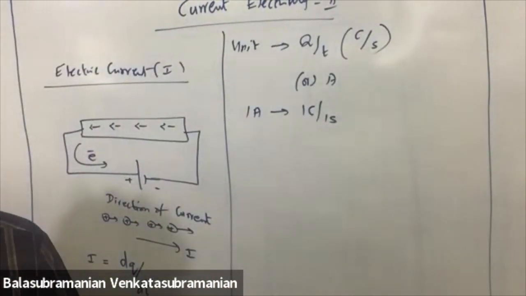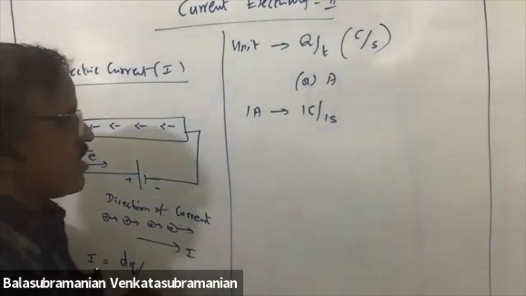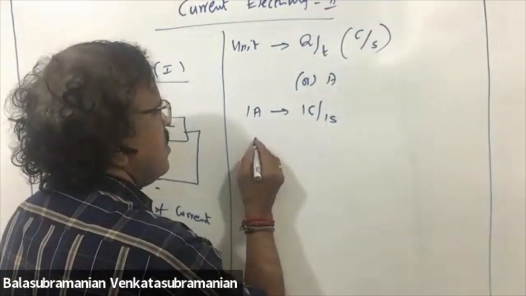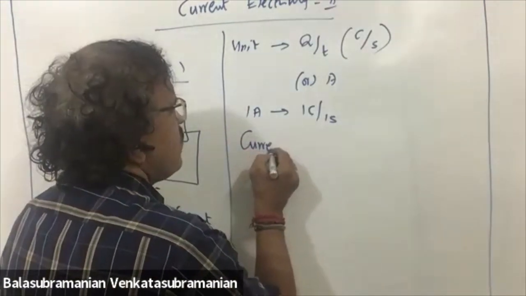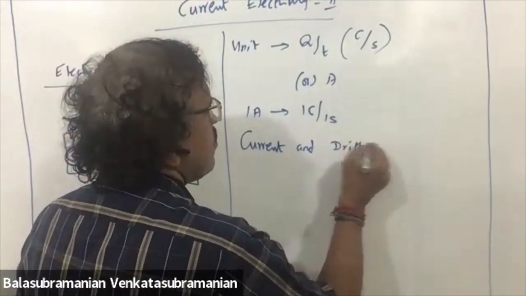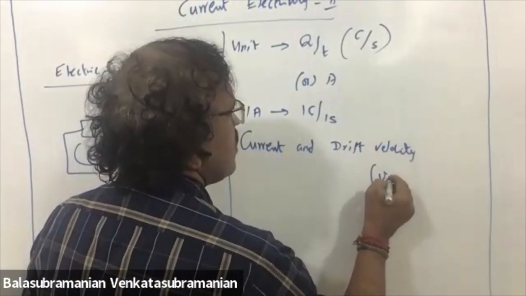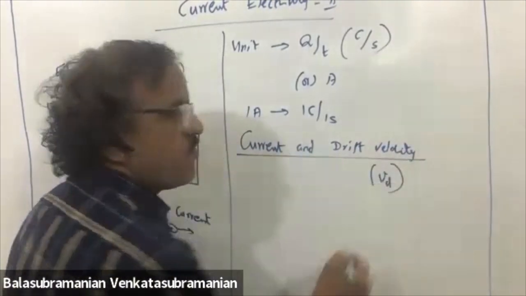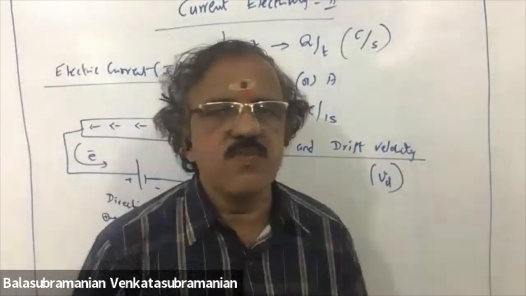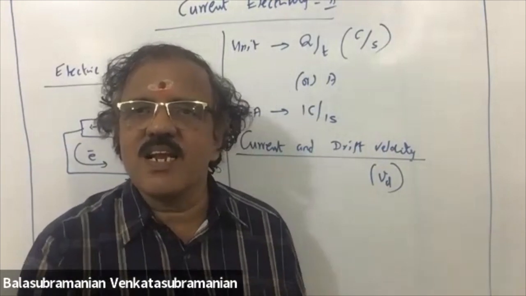In the case of electron movement, we are going to talk about one more term here, current and drift velocity. Drift velocity is represented by V suffix D. See the name, drifting, accelerating.